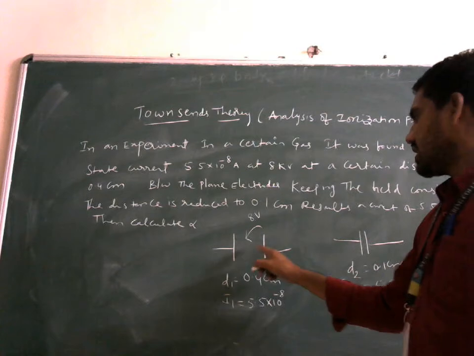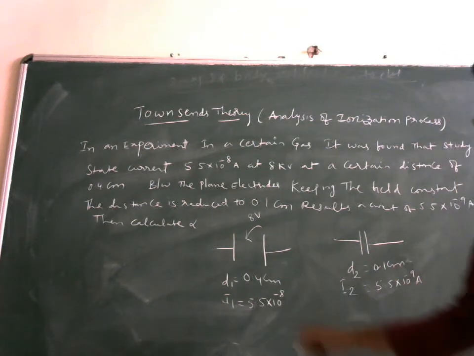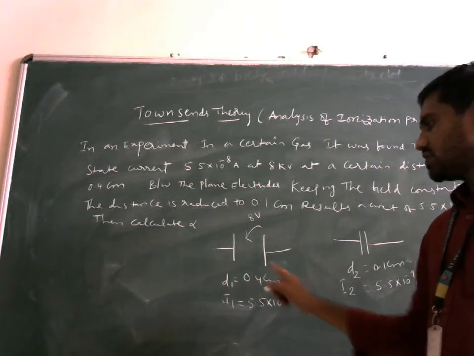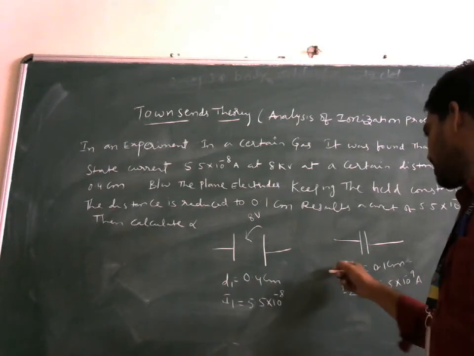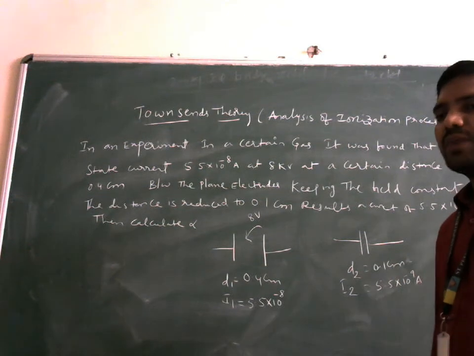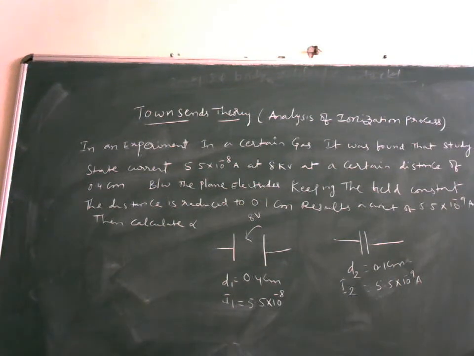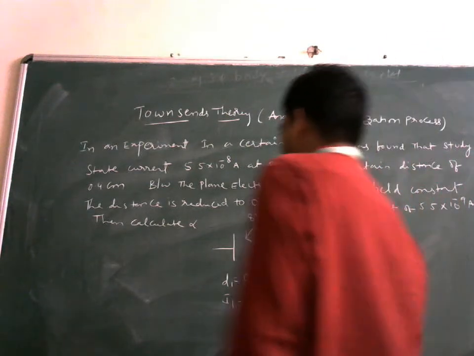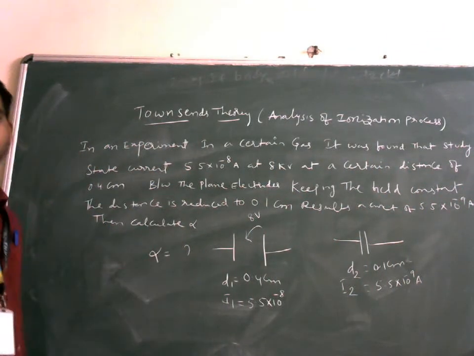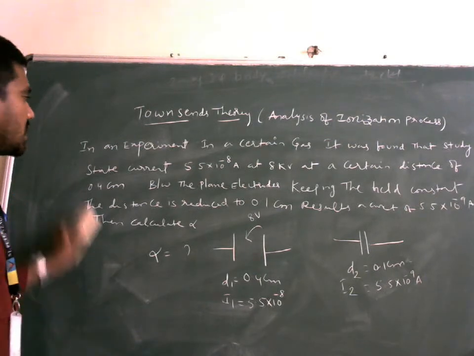In case 1, D1 is 0.4 centimeter, and in case 2, D2 is 0.1 centimeter and I2 is 5.5 into 10 power minus 9 amperes. Now we need to find alpha, which is the Townsend constant.